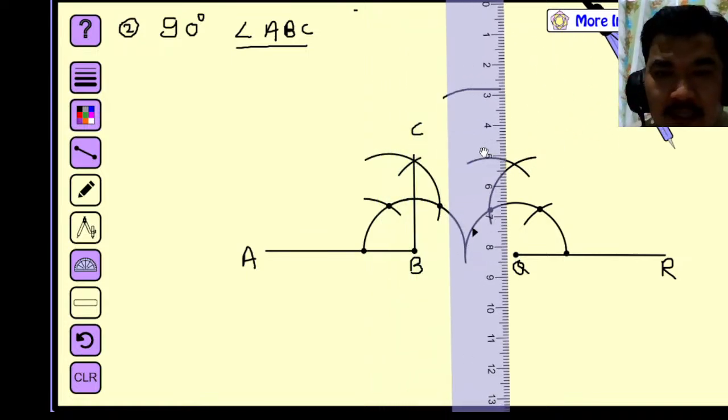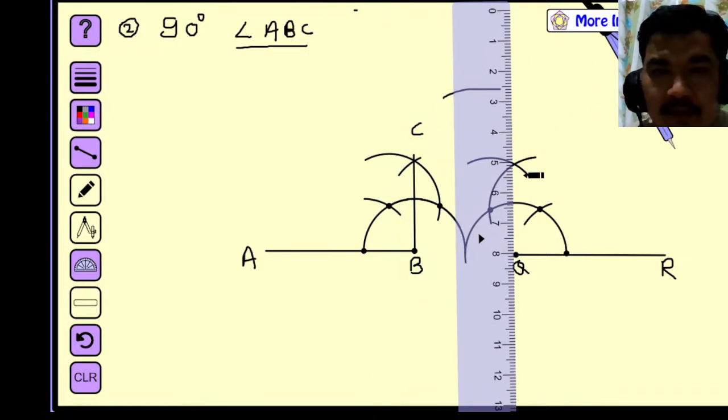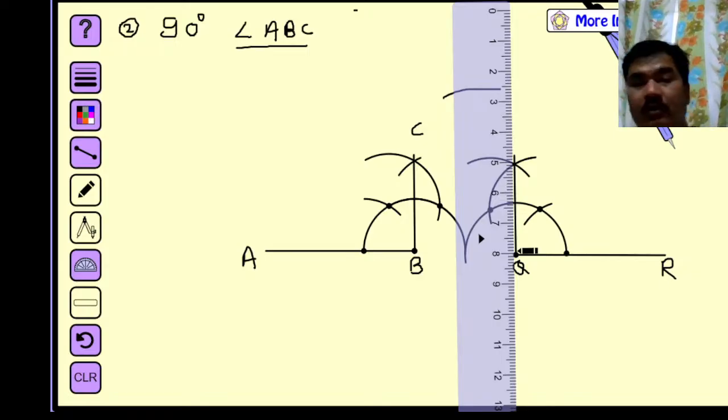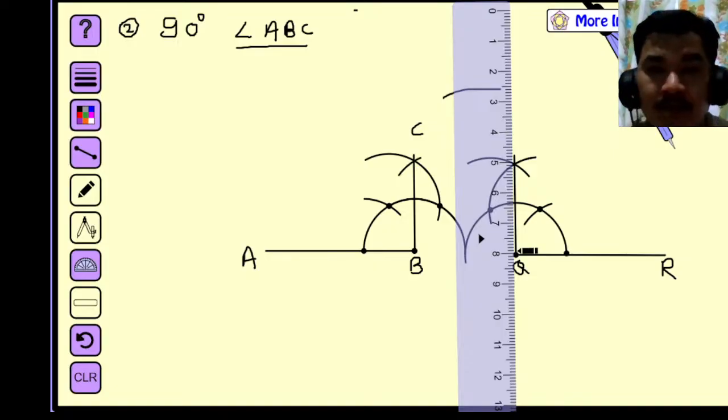Now put the ruler straight like this and join it like this, okay, right. This is the way to draw.